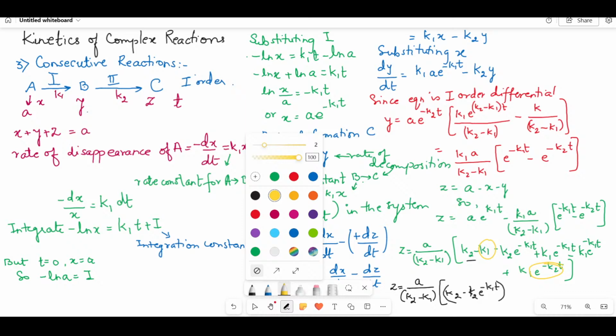The rest others, this is minus, this is plus. I'm sorry. This is minus, this is plus. So this is plus, this is minus. These two will get cancelled out. What we are remained with? k1 and e raised to minus k2t. So we'll bring this in common.